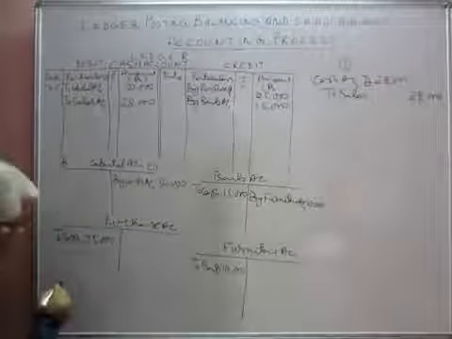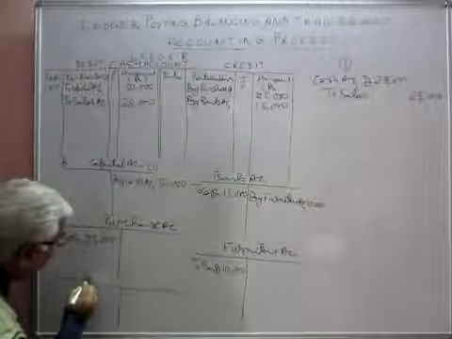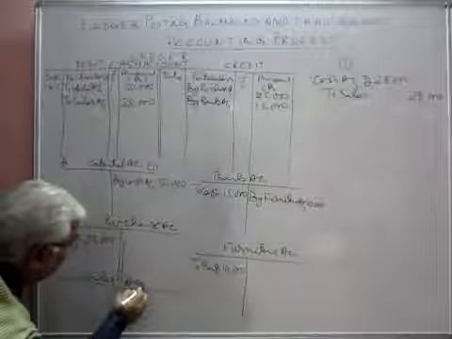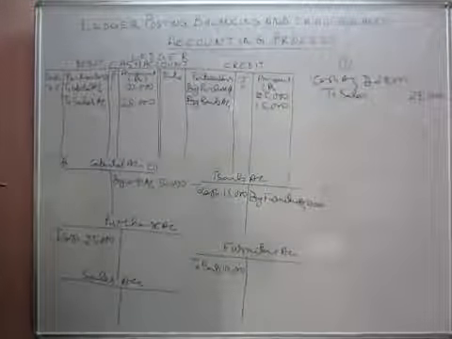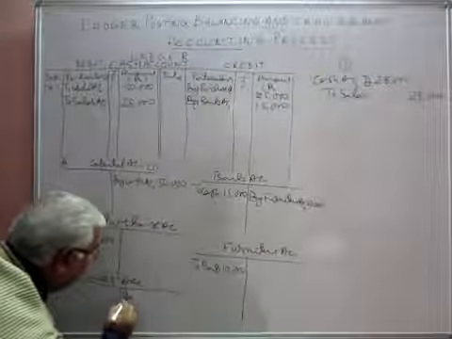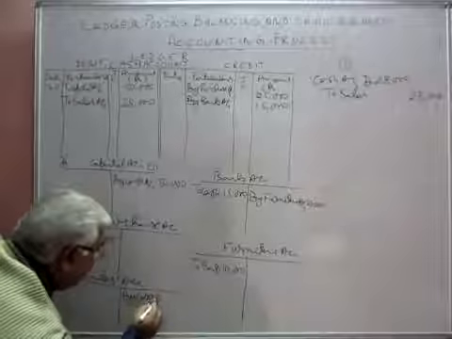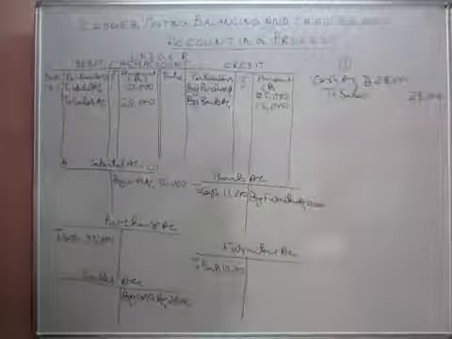Hence, we will open sales account here. Sales account. Now, sales account is being credited and the corresponding account which is being debited is cash. So, we will write by cash account 28,000.